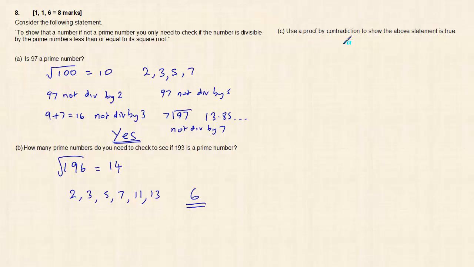Use a proof by contradiction to show the above statement is true. In other words, to show that we only have to check for primes that are less than or equal to the square root. So consider some number n which is a positive integer.